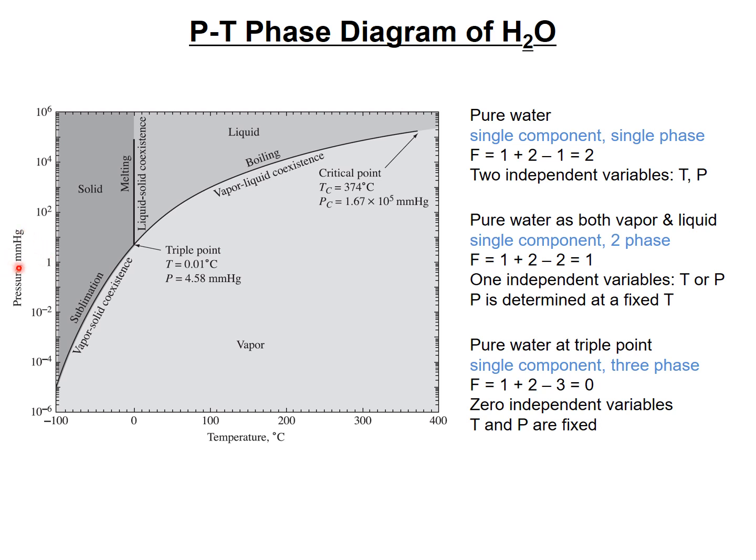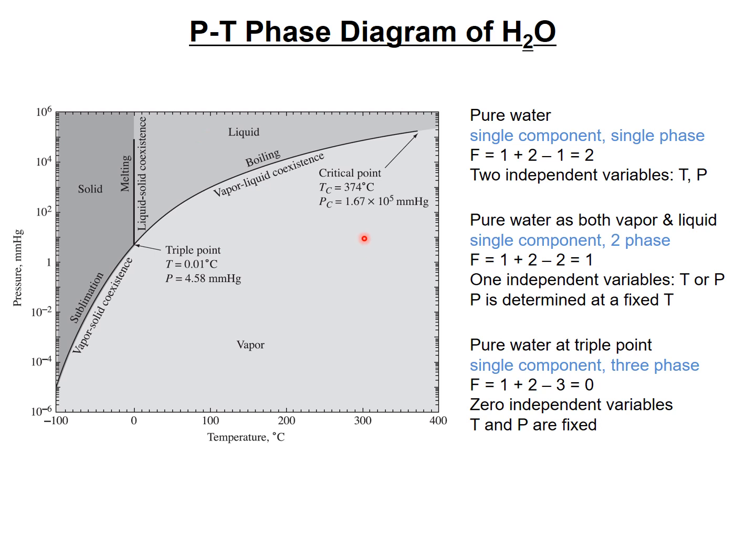As you know, 760 mmHg is 1 atmospheric pressure. And then we have 3 lines. In this area, you can find only vapor. In this area, you can find liquid water. And in this area, you can find only solid, like ice.